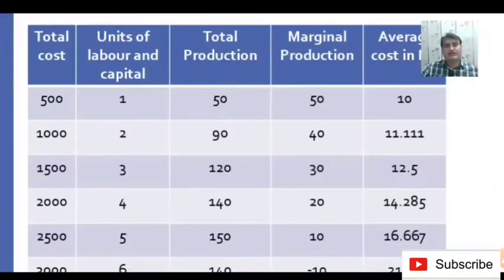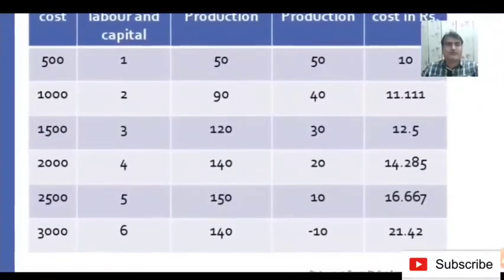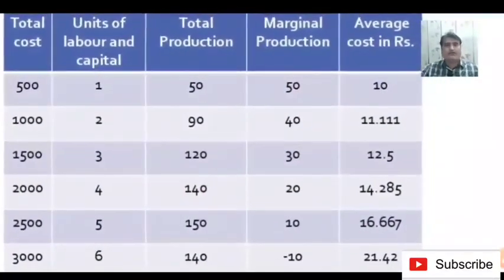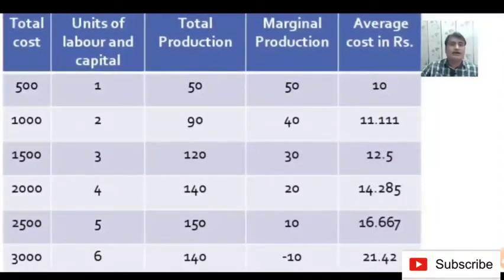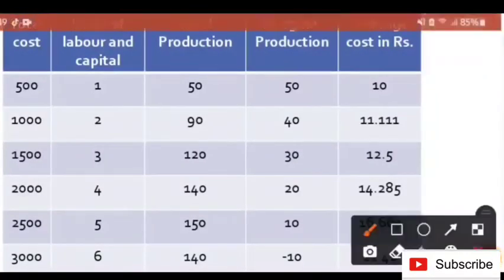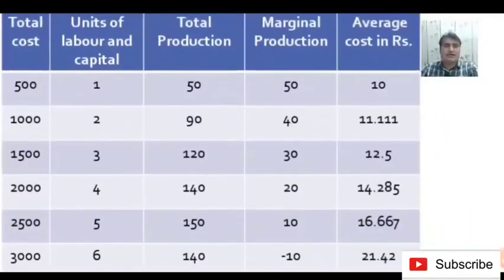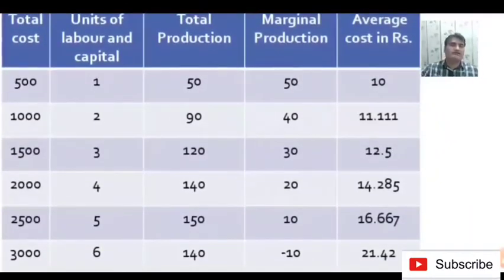By applying the third, fourth, fifth and sixth doses, the total production goes from 120 to 140, 150, and 140 again. So at this point the total production declines from 150 to 140. The marginal production on the other side is 40, 30, 20, 10 and minus 10.